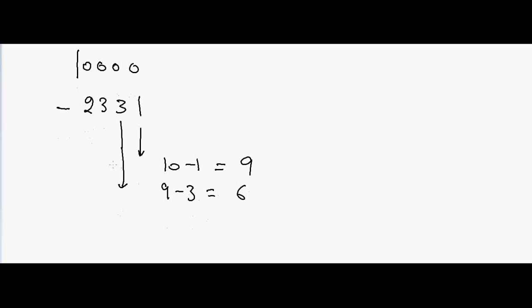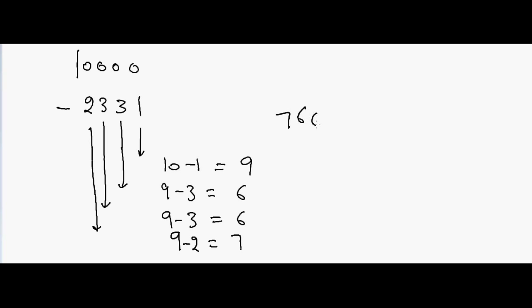Then I'll take the next 3, so 9 minus 3 is equal to 6, and then I'll take the 1, so 9 minus 1 is equal to 8. So the answer will be equal to 7669. We can do the same thing for much larger numbers, but here is the approach.